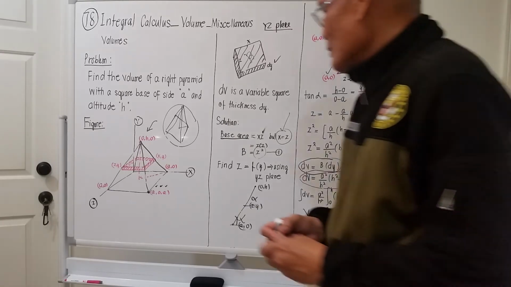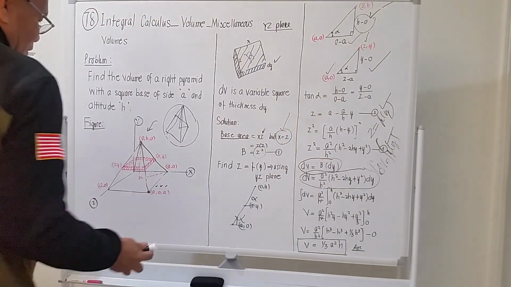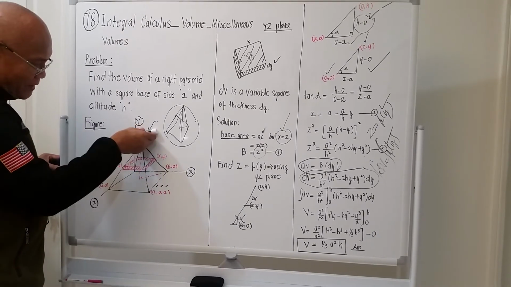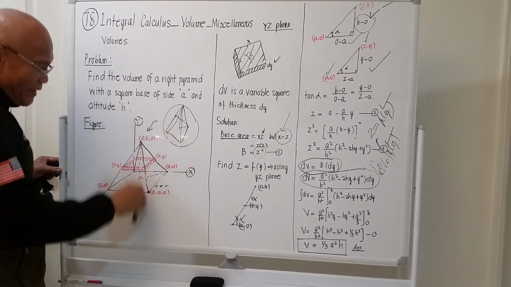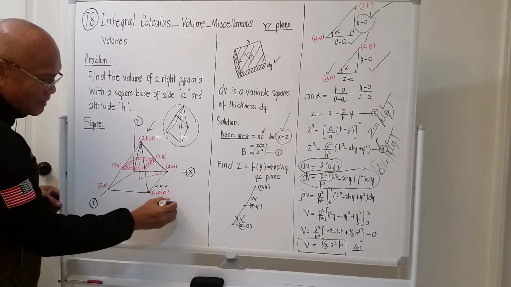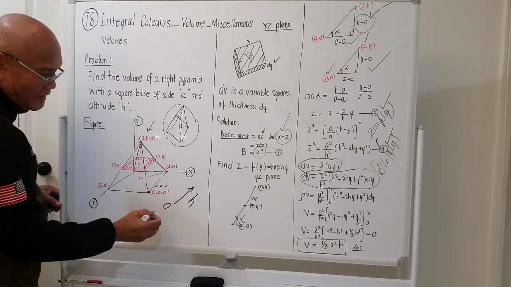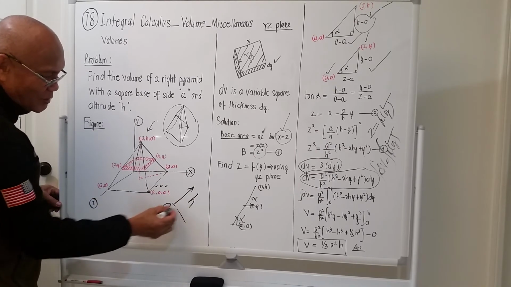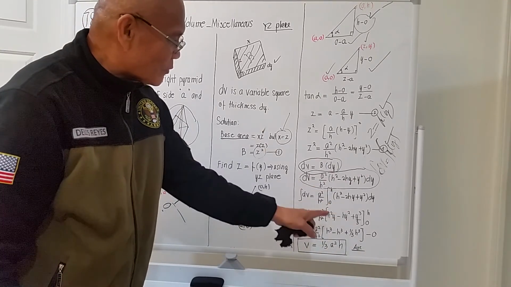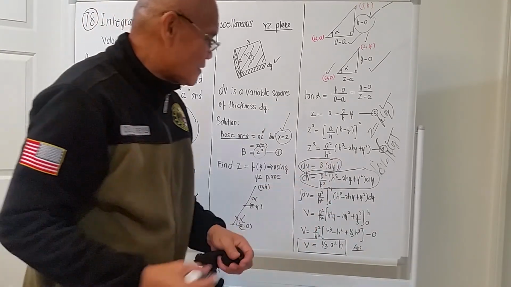Okay, try to take note. The variable area should move from the base to the vertex, right? It is along the y-axis. So the limit is actually from 0 to h. Okay? The initial value is 0 to h. So the limit of the integral of the right hand side is from 0 to h.